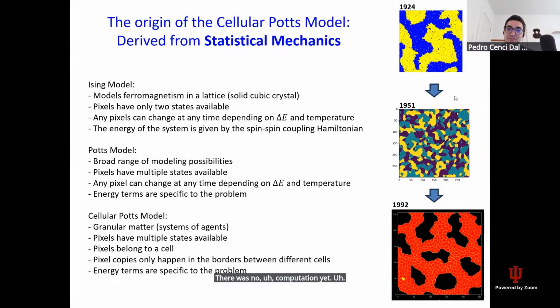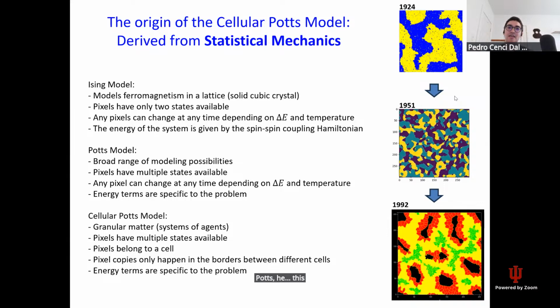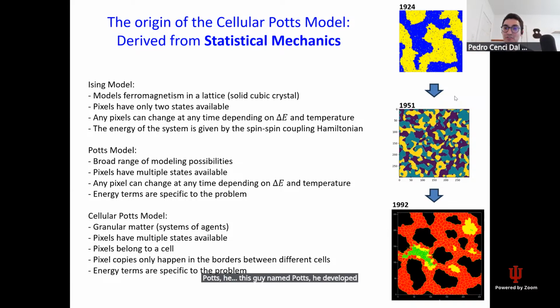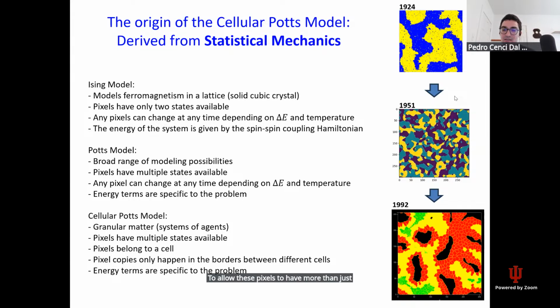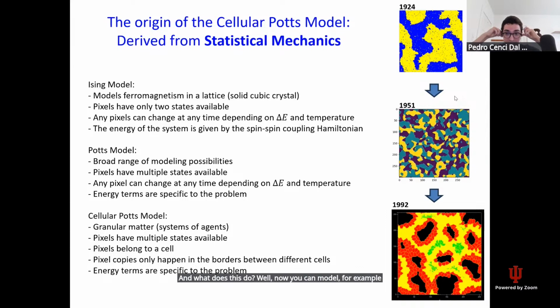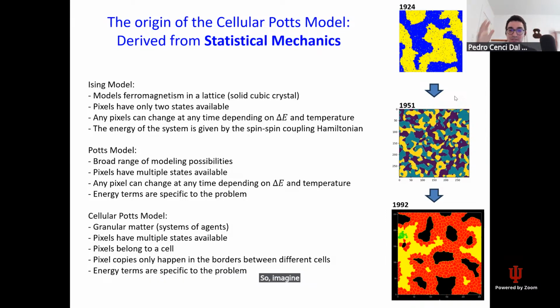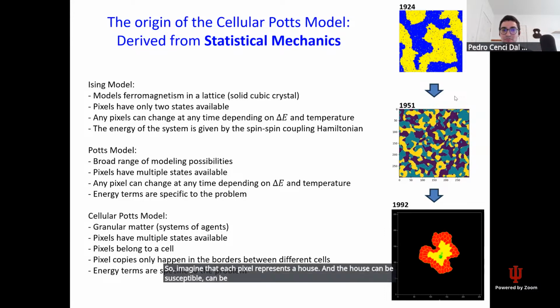In 1951, this guy named Potts developed the Ising model further to allow these pixels to have more than just two states. And what does this do? Well, now you can model, for example, infection spread. So imagine that each pixel represents a house, and the house can be susceptible, infected, or removed.